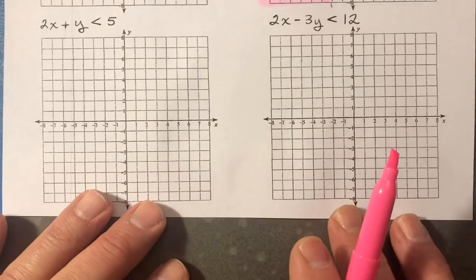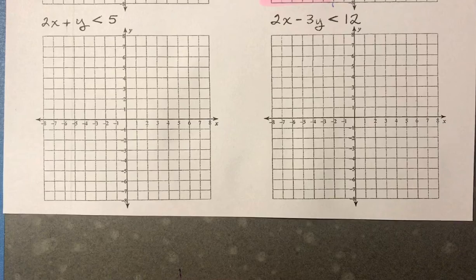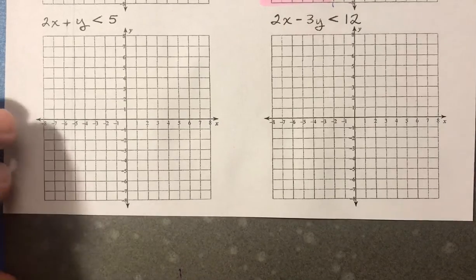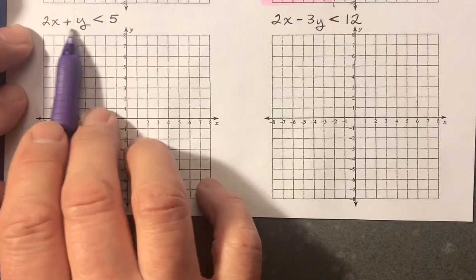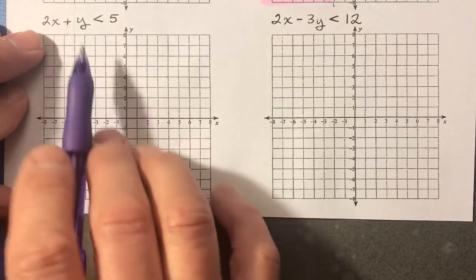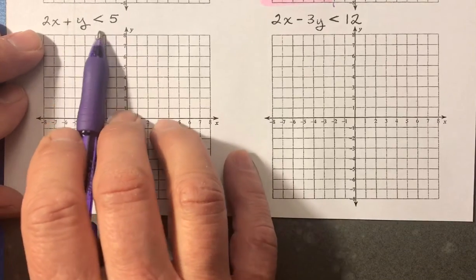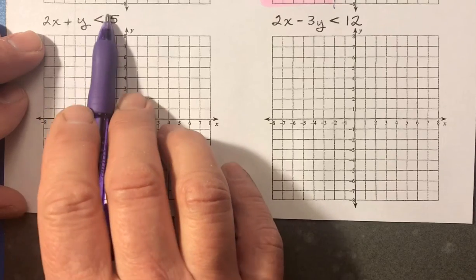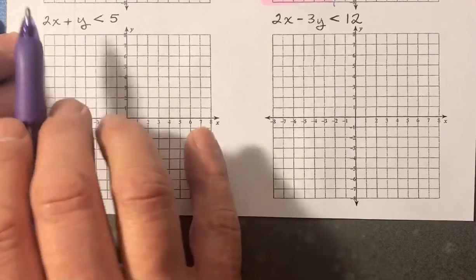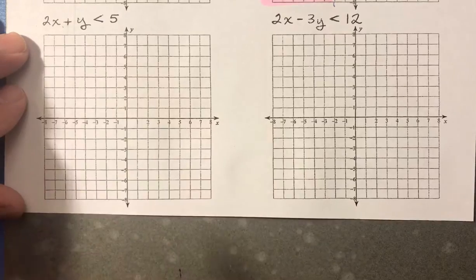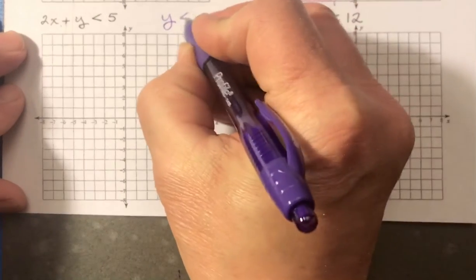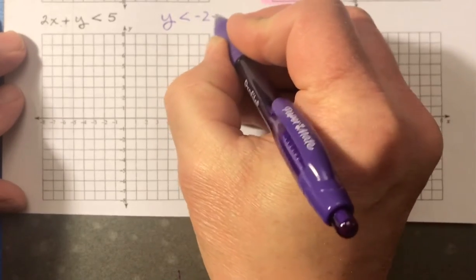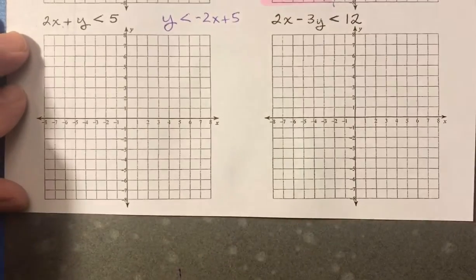Now I just added 2 problems down here just to stretch your thinking a little bit. Notice that this looks like standard form, and yet we have an inequality here. So I'm just going to rewrite this by subtracting 2x from both sides. And then I get y is less than negative 2x plus 5.